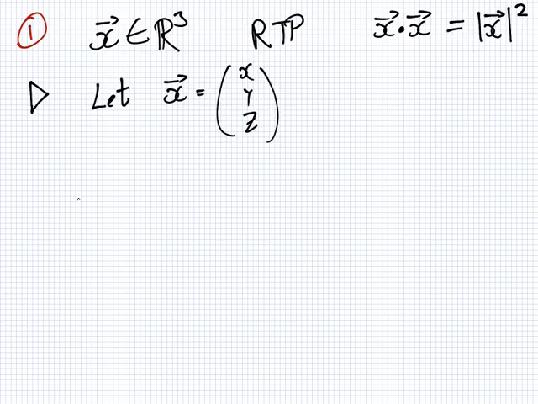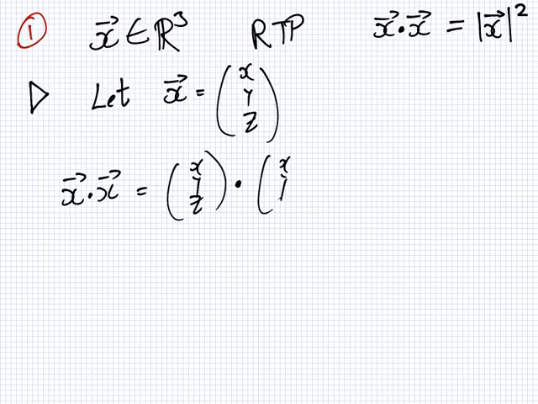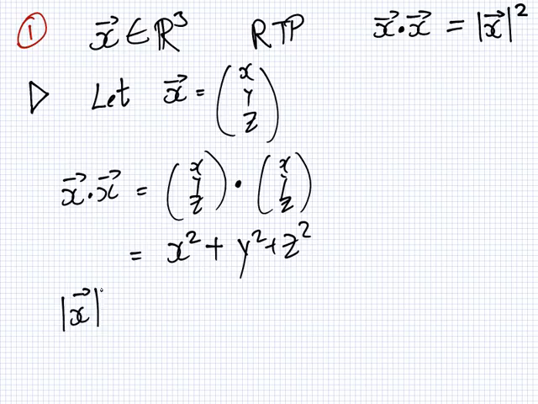So, if I start with x dot x, that would equal xyz dot xyz, which would equal x squared plus y squared plus z squared. Now, if I look at the magnitude of x squared, that's equal to the square of, and what's the magnitude of x, if this is x?